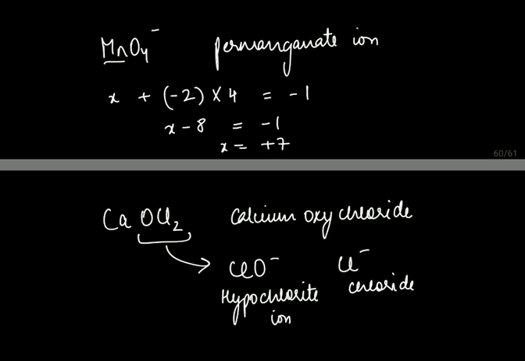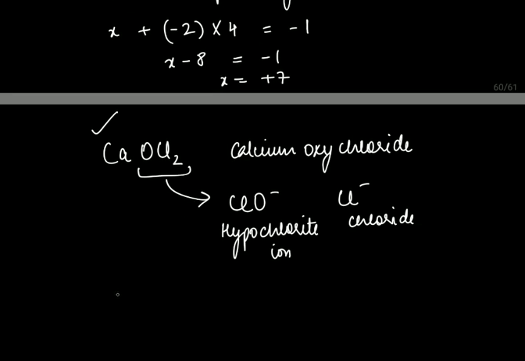We need to consider this fact, because if we don't, our answer will be wrong. Calcium is pretty obvious, calcium is +2, we know that. But we need to find the oxidation number of chlorine, and we should never make the mistake that chlorine is the same over here. It belongs to different ions.